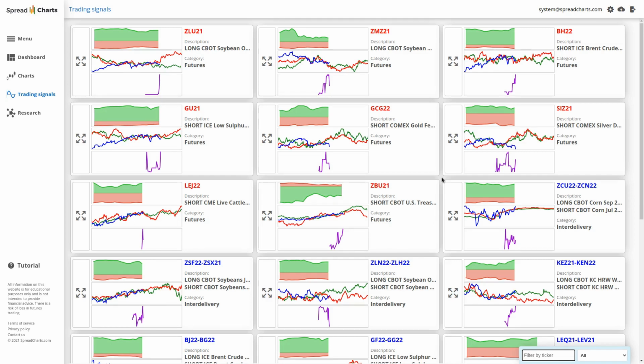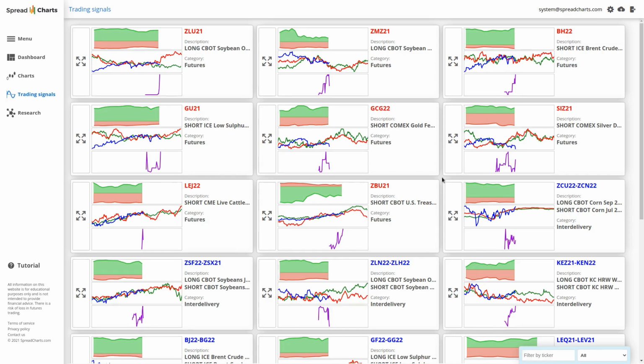If the old signal is stronger than the new one, then the old one is kept in the app. So keep in mind, always the strongest signal is selected to the app for each commodity in each category in outright futures and inter-delivery spreads.